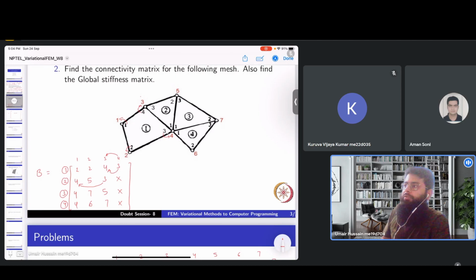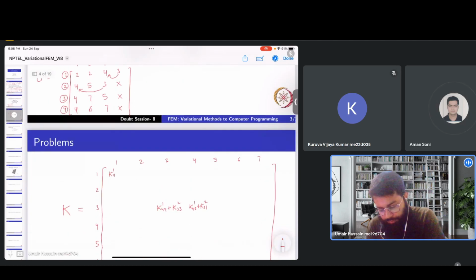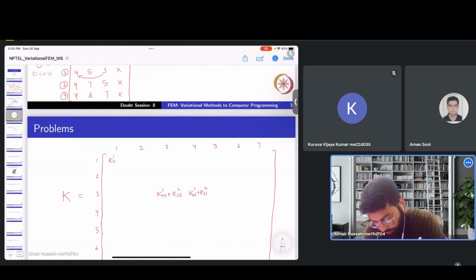So this node is part of all 4 elements. So keep it at K4 4. So we have K1, K2, plus K3 plus K4. Now, what are the local numberings we have to check here?